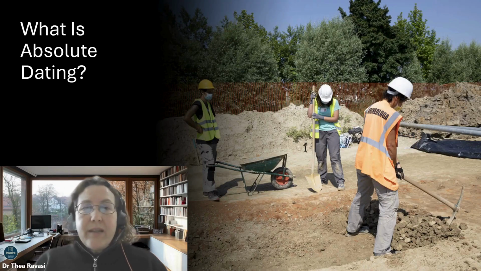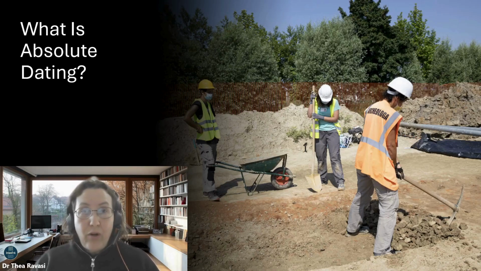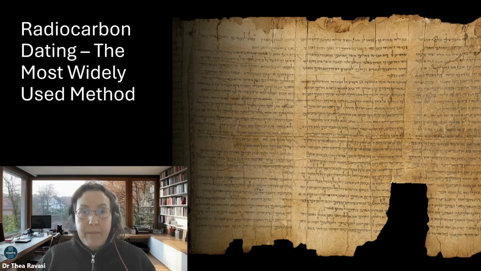Absolute dating, sometimes also called chronometric dating, refers to techniques that provide a calendar date or range for an object or for a context. Unlike relative dating, which orders events but doesn't give us exact dates, absolute dating methods let us say, for example, that a burial occurred between 500 and 530 CE, or a building was abandoned around 1200 BCE.